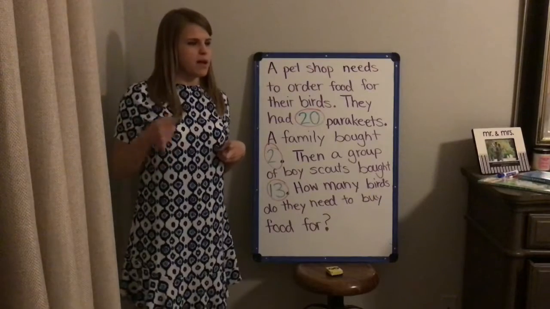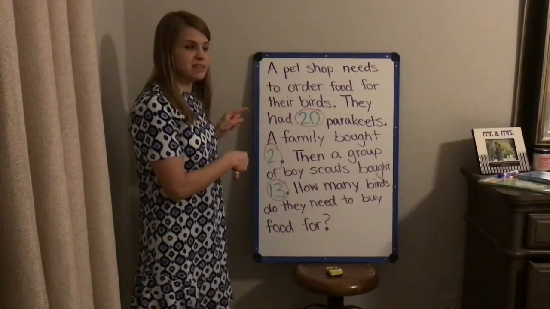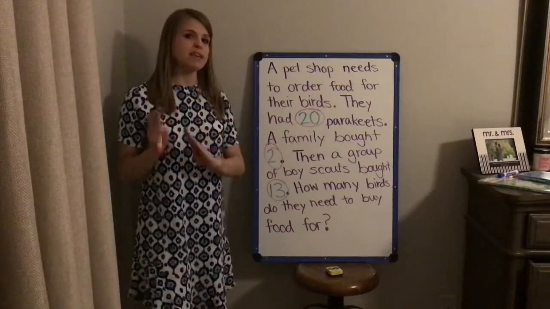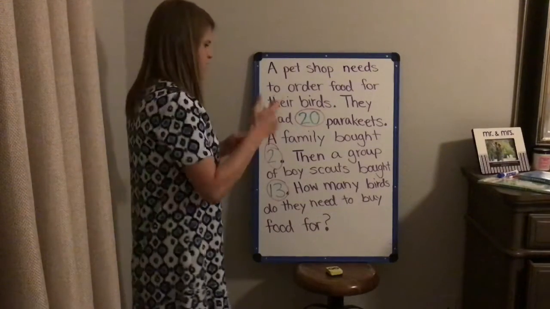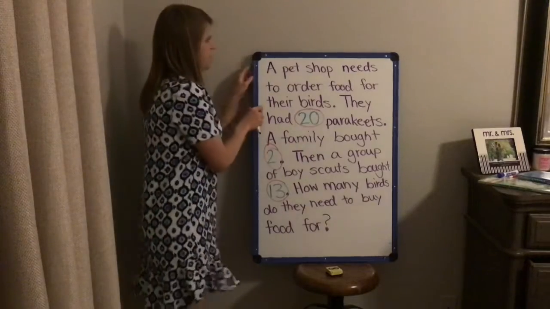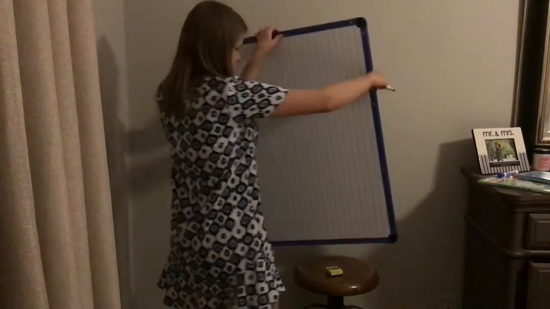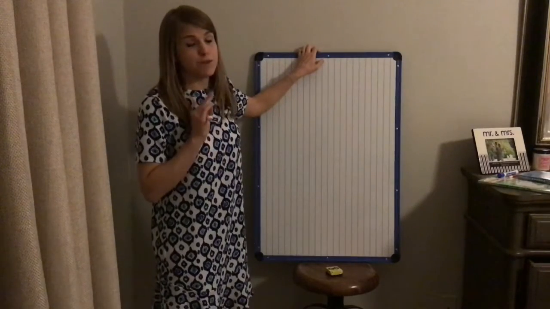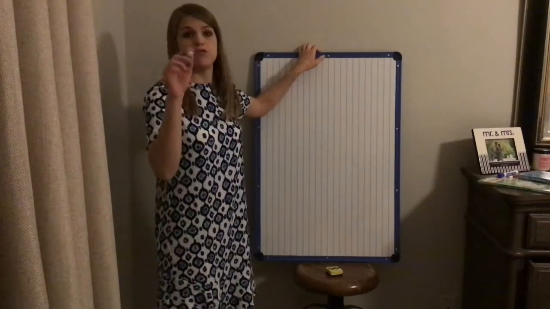So remember, the amount that we start with is 20. The pet store had 20 parakeets when they started. So I'm going to flip my board and I'm going to draw 20 birds. Except I'm not really going to draw 20 birds because that would take forever. I'm just going to do 20 circles.